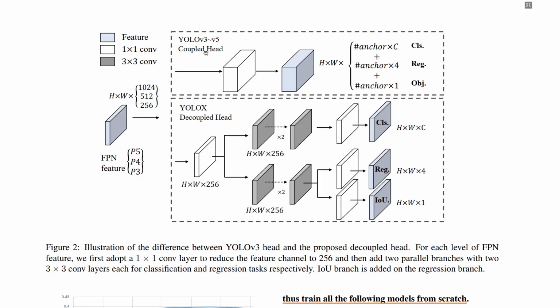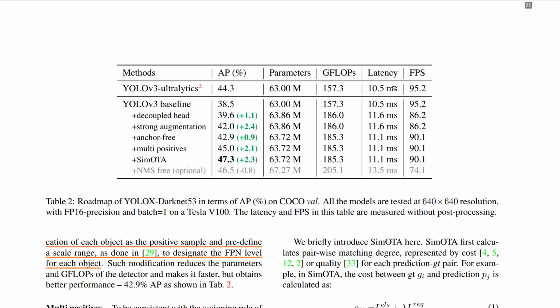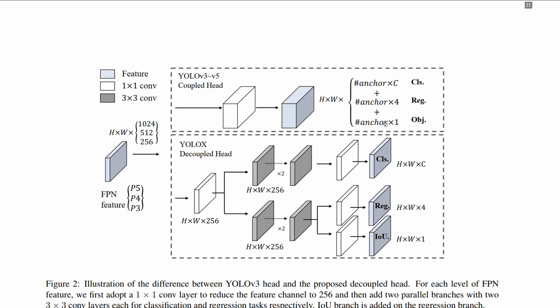With a coupled head, for each scale, we have this output: height by width by the number of classes times the number of anchor boxes, plus the 4 bounding box values times the number of anchor boxes, plus the object score times the number of anchor boxes.